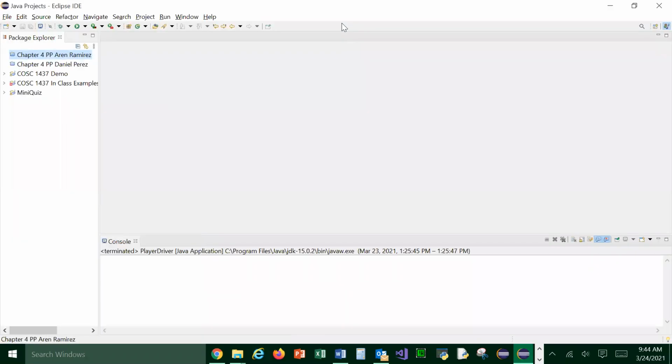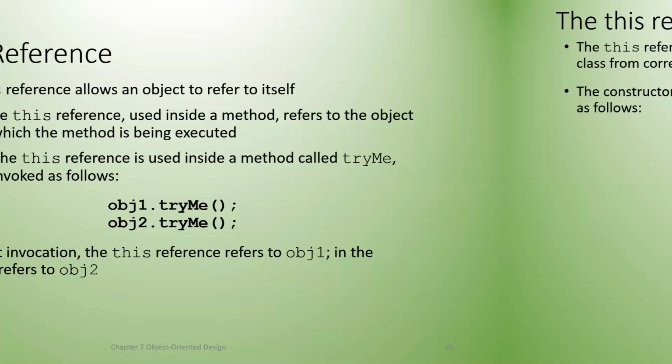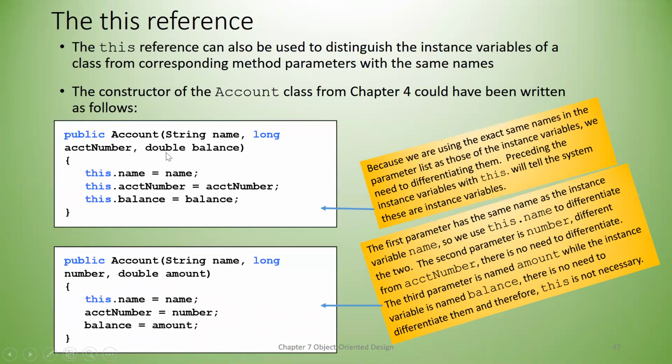I'm going to stop. This is really pretty much done because we discussed this already. I think we discussed this last time. And I gave you this example. For example, your account, suppose name, account number, and balance, they are the instance variables for this account class, but your parameter names are the same.